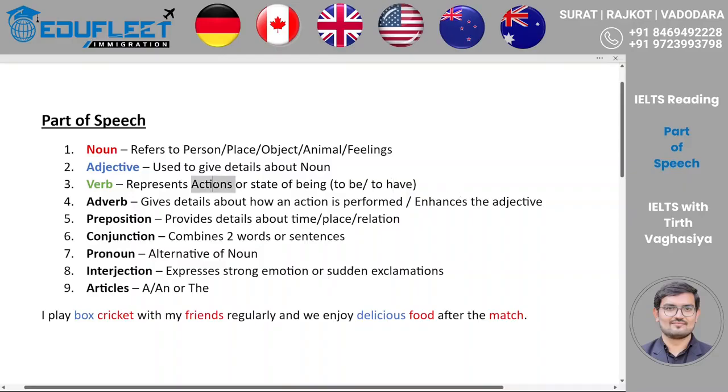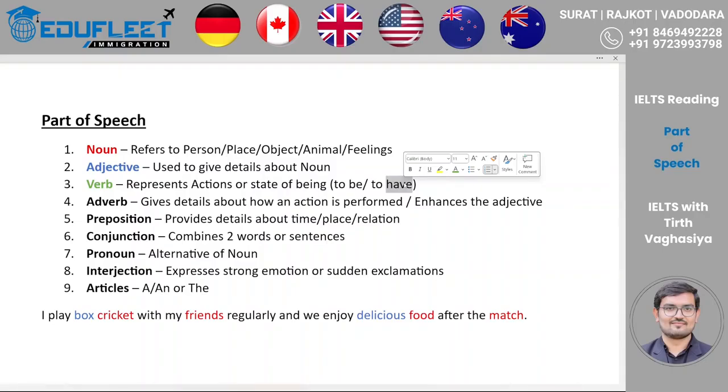The word that represents the direct action can be considered under the main verb, and the word that helps you to form the sentence, either in terms of the situation or in terms of the possession. So the situation means being, state of being, and the possession means to showcase your right on something.